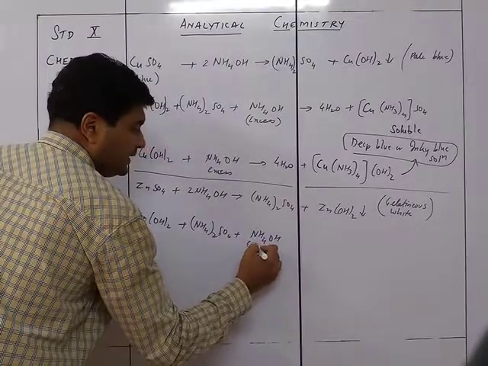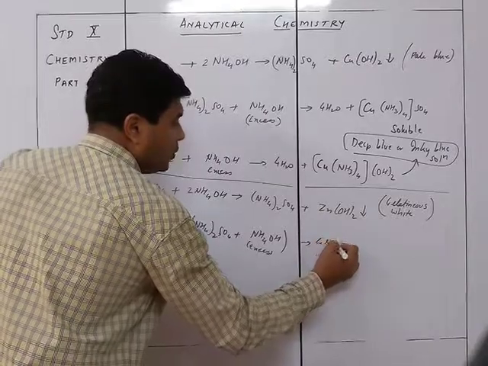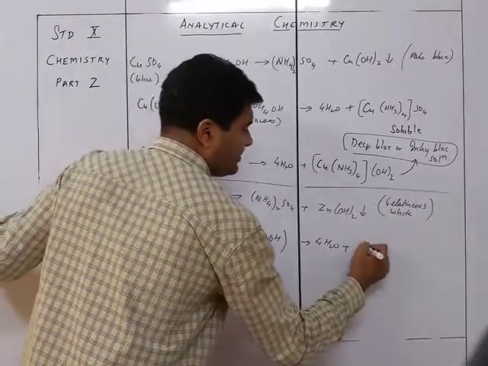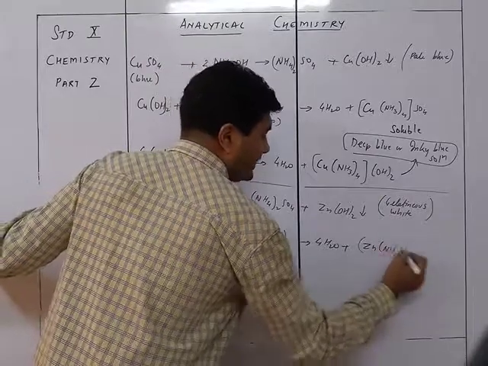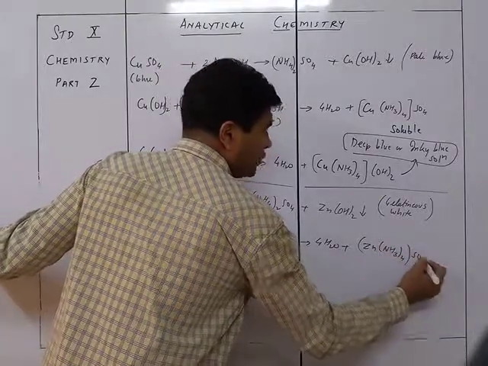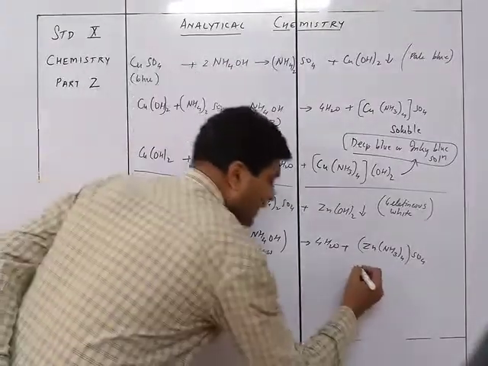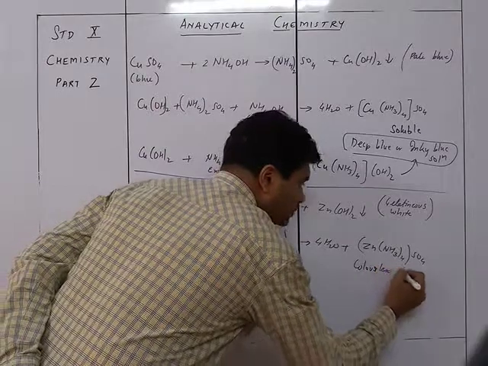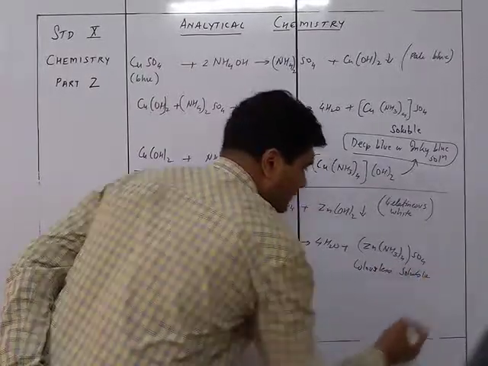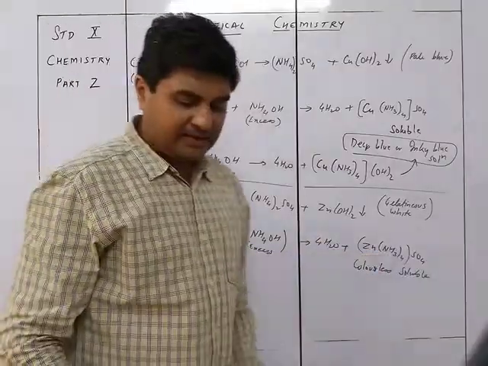Excess is going to give me the same reaction over here as 4H2O plus it is going to give me Zn(NH3)4SO4, which is going to be a soluble one, and it is going to be colorless. So it will be colorless, soluble. Okay, so what it gives me is tetraamine zinc sulfate.